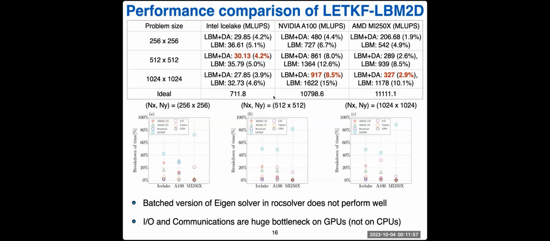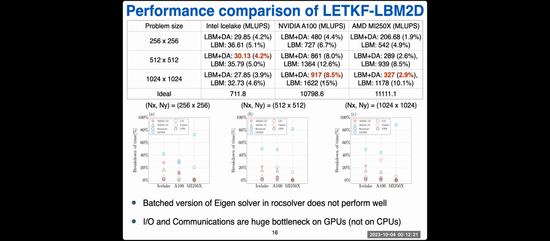But in our case, in order to get turbulence, we introduced the force term, which is generated by random numbers. We need to rely on cuRAND or rocRAND to generate random numbers for the force term. So, even considering the LBM part only, we cannot reach the ideal performance in the end.